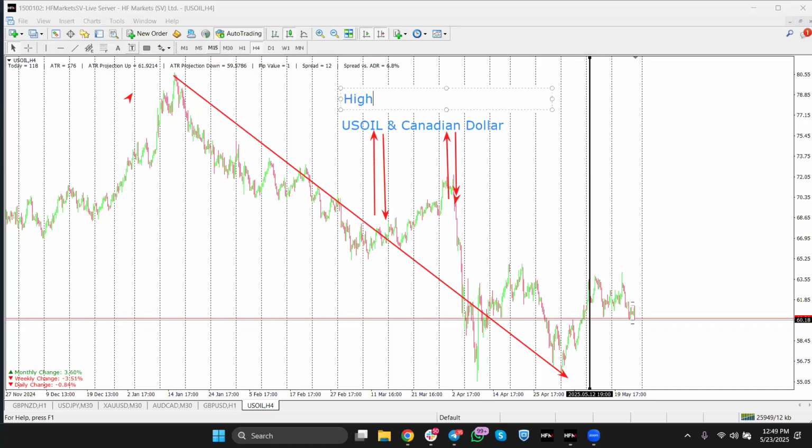Higher US oil before, not now, would naturally translate to USD CAD downside. That will be lower USD CAD, because the dollar will lose value and the Canadian dollar will gain strength.